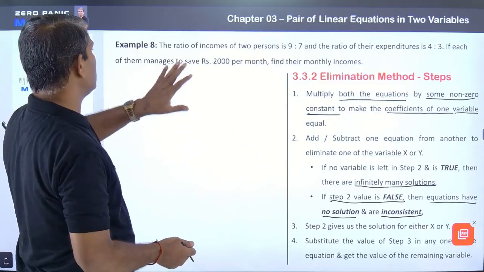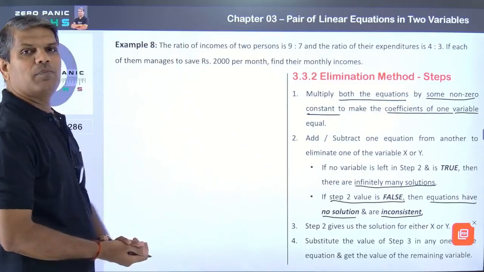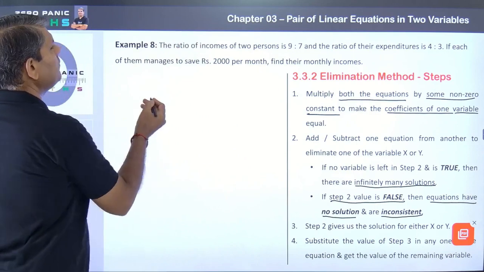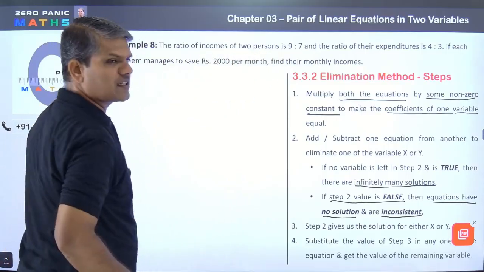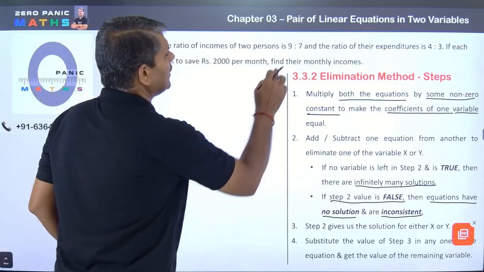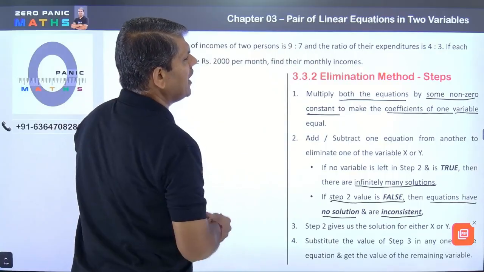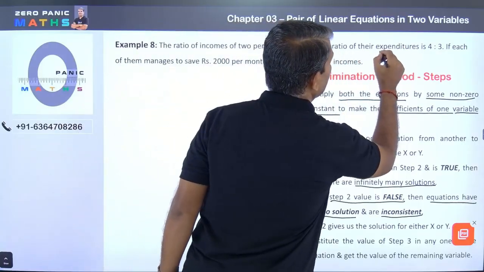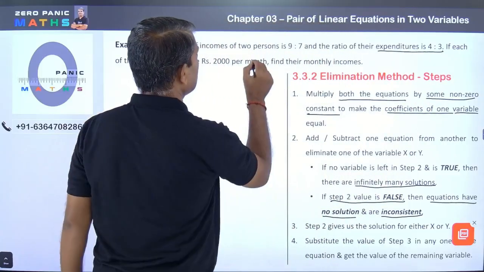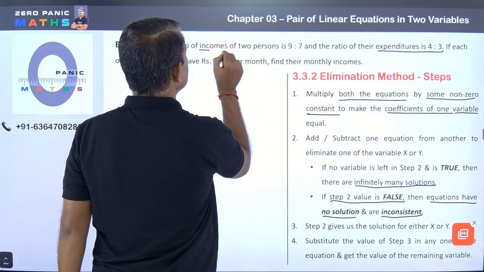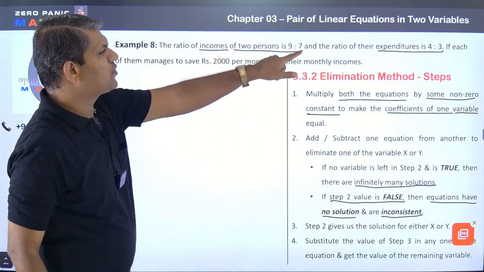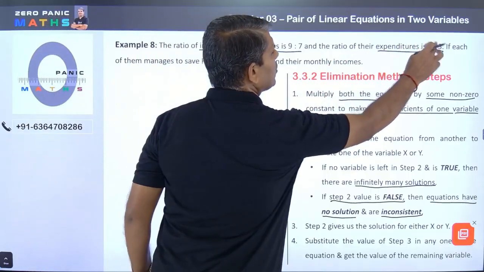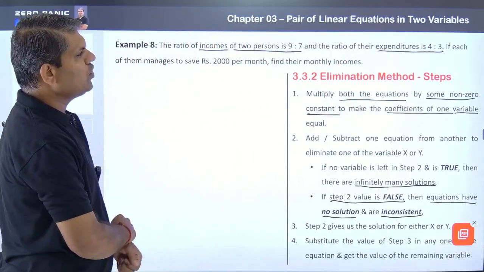Let us apply this method and solve this problem. What is the problem? The ratio of incomes of two persons is 9:7, and the ratio of their expenditure is 4:3. Let us just mark these. First, the income ratio is 9:7, and the expenditure ratio is 4:3.